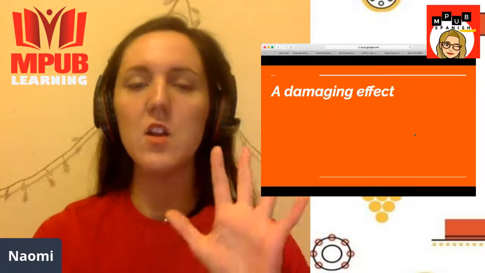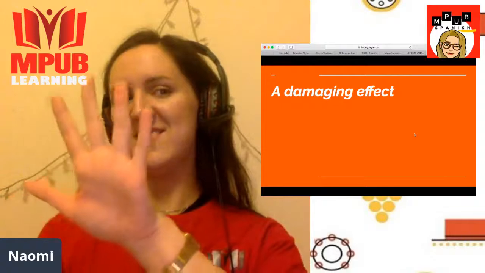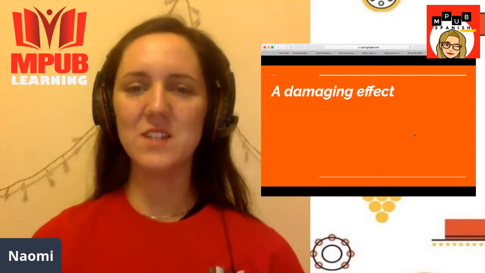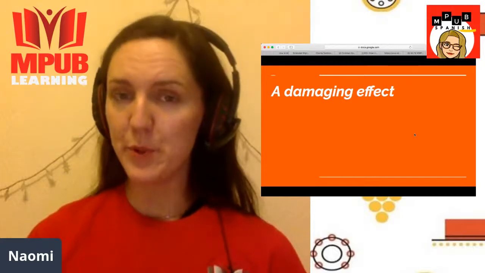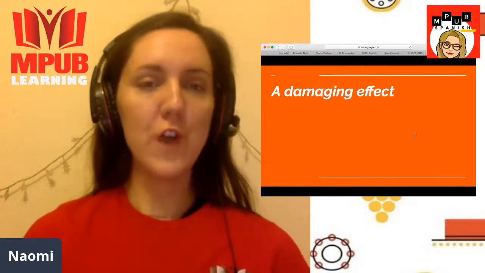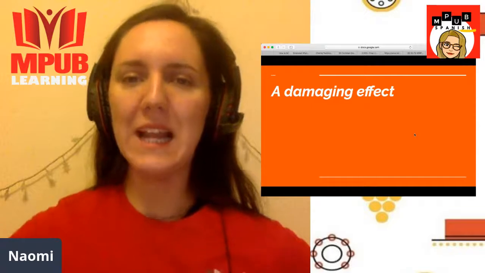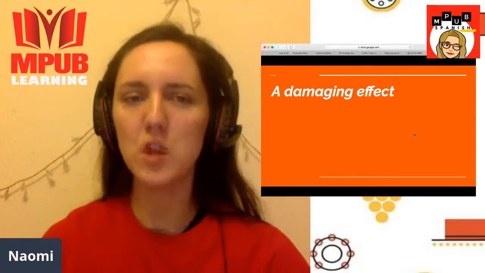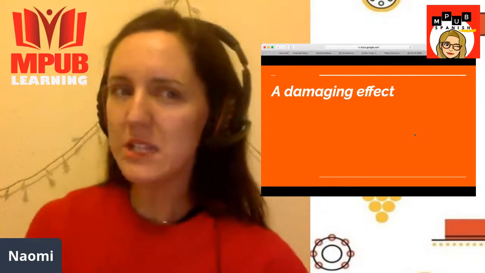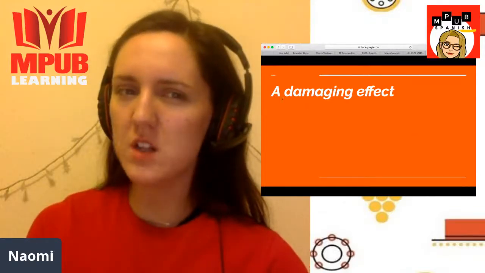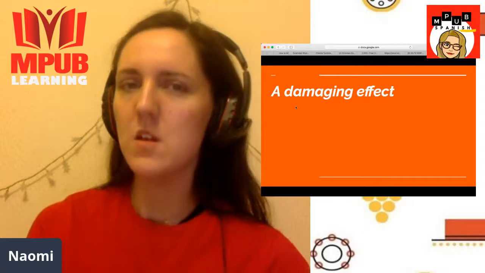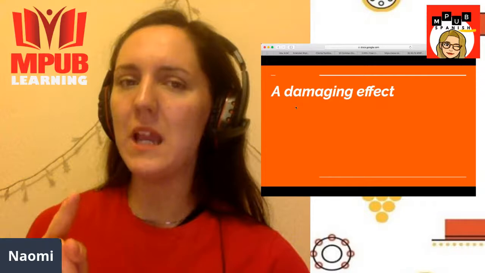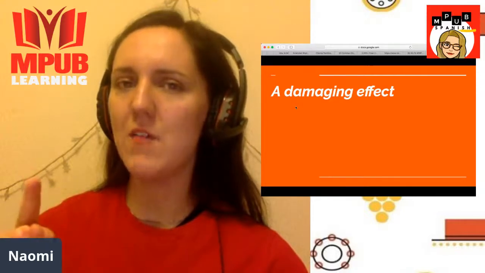So we have number 5, a damaging effect. For example, phones have an overwhelmingly damaging effect on children. Now, do you see how I changed the article there? Phones have an overwhelmingly damaging effect.